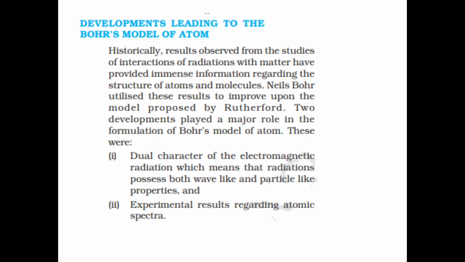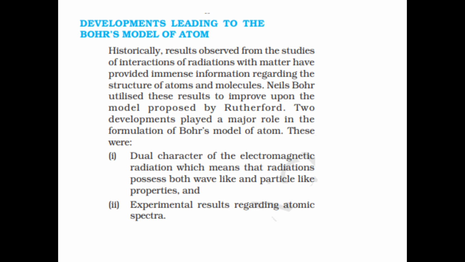Developments leading to the Bohr's model of atom. Historically, the results observed from the studies of the interaction of the radiation with matter have provided immense information regarding the structure of the atoms and molecules. Niels Bohr utilized these results to improve upon the model proposed by Rutherford.